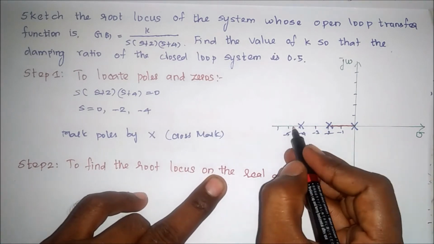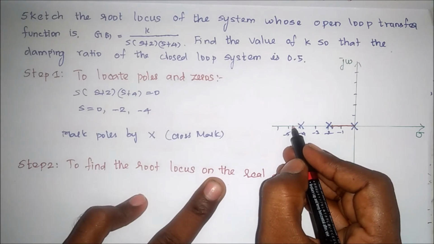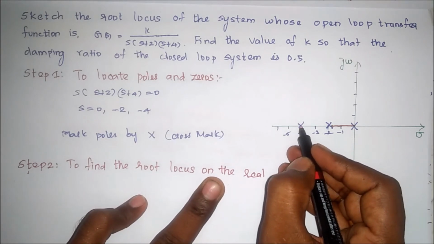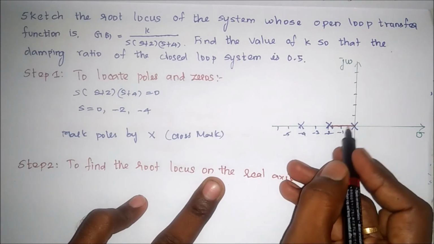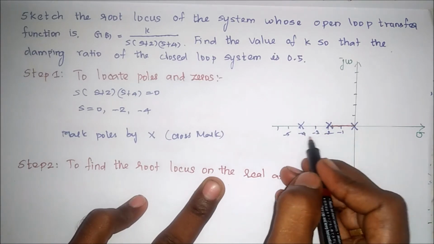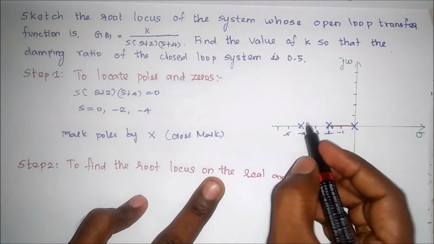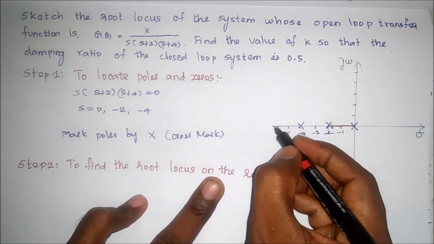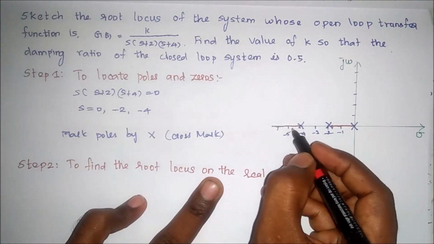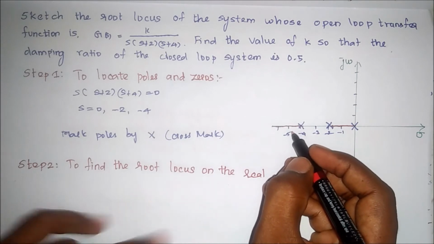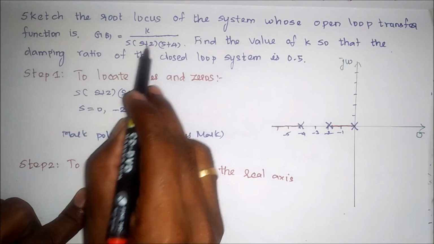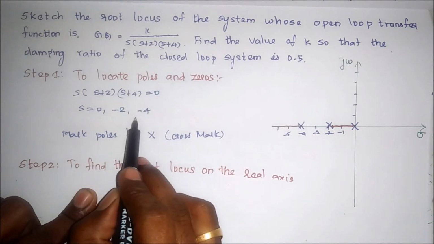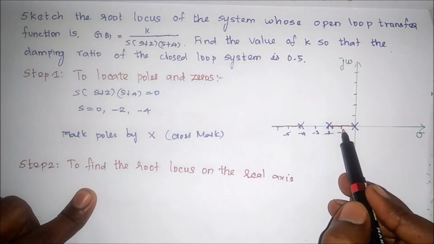Then if we take a test point here, from this point to infinity, the right-hand side of the test point has an odd number of poles, it means 3 poles. Therefore, from this point to infinity, definitely it is a part of the root locus. According to the concept, the number of poles of the open loop system equals the number of root locus branches.